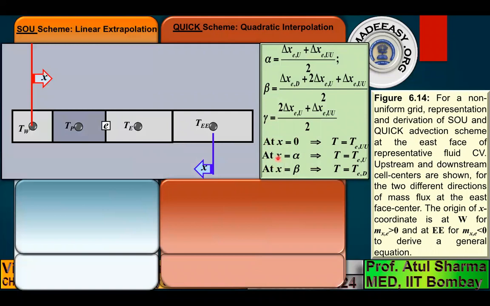The weights were constant values in a uniform grid because all the control volume widths were the same, so the width gets cancelled out and you get constant weights. Whereas for non-uniform grids, instead of constant values, we have the width of the control volume appearing in the expression for the weights.